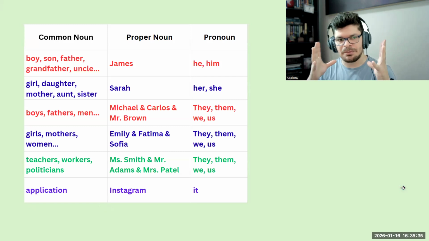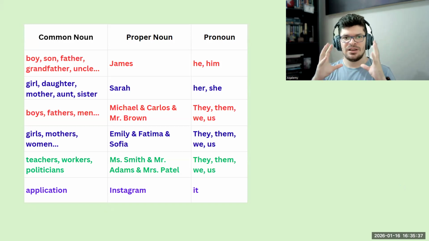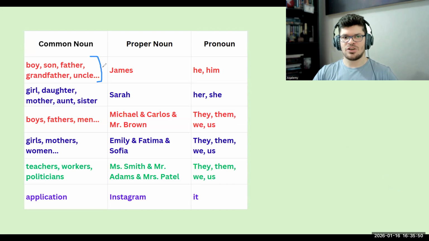Now, it is very important to understand nouns when we think about people. Many students get confused. When we look at common nouns, the red ones, these are all singular. Boy, son, father, uncle, grandfather.